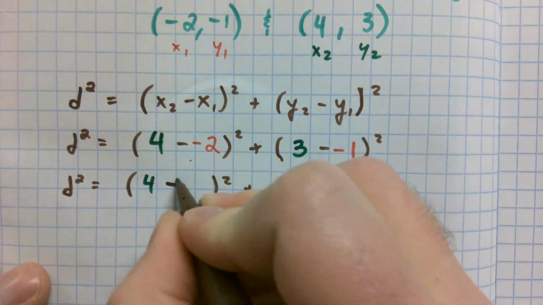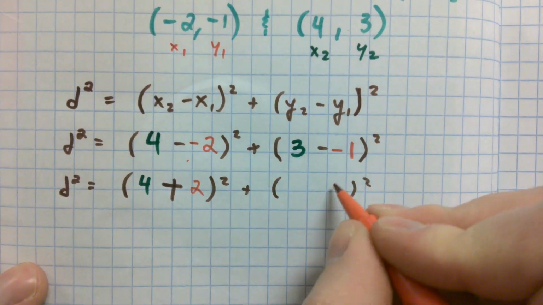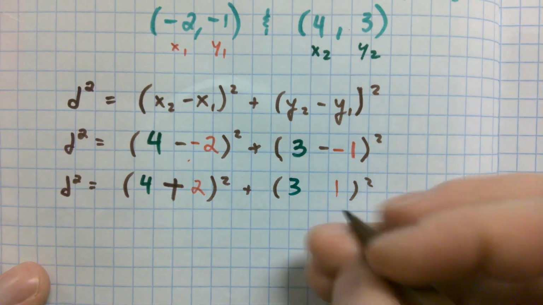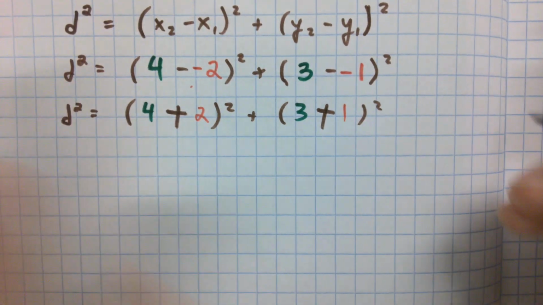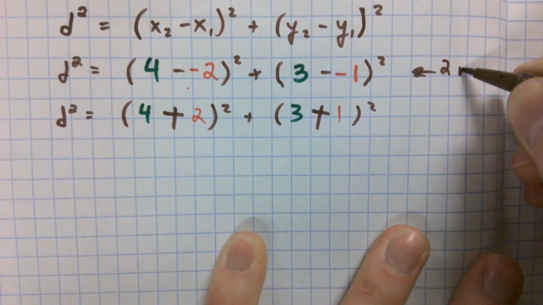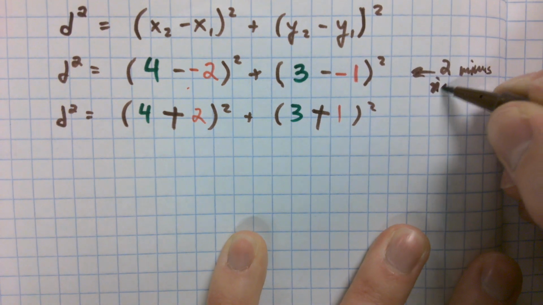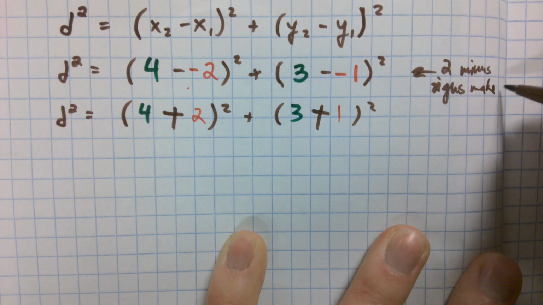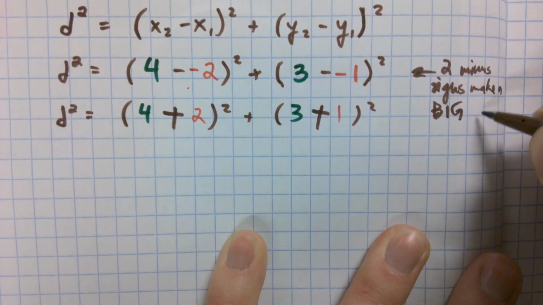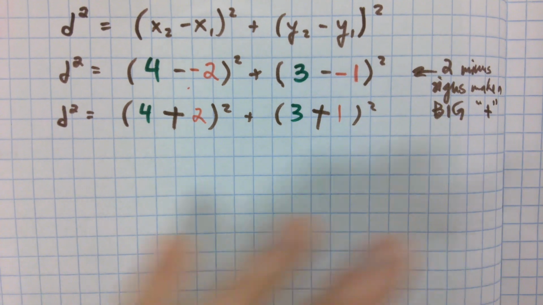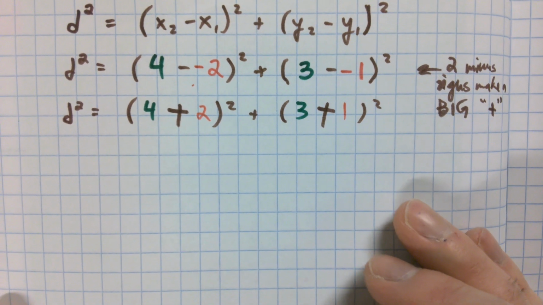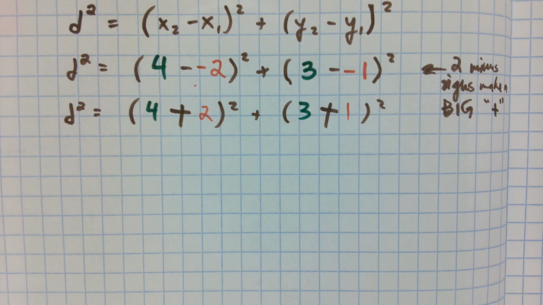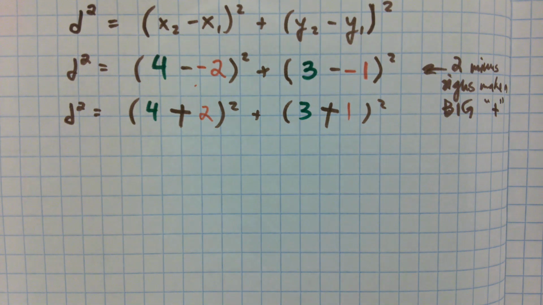I now have 4 plus 2 and 3 plus 1, because two minus signs make a big plus sign, which we should know by now, hopefully.